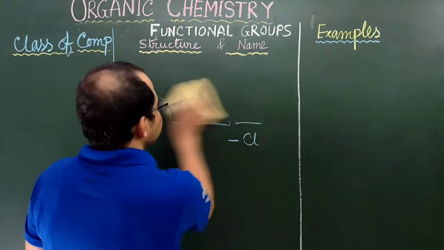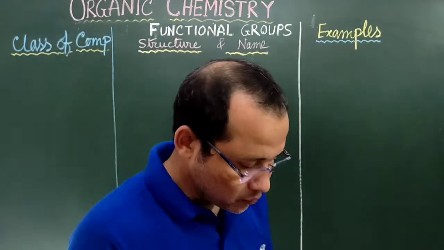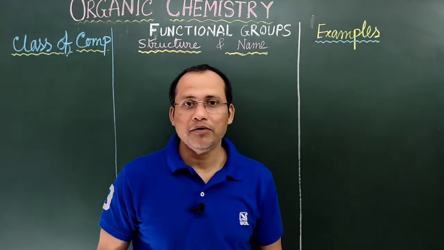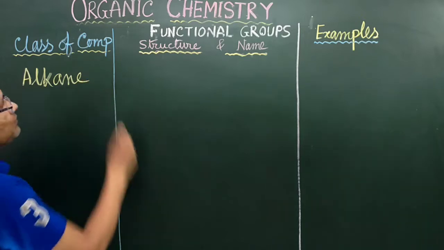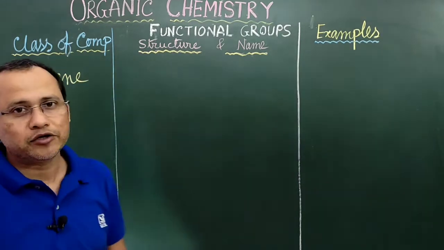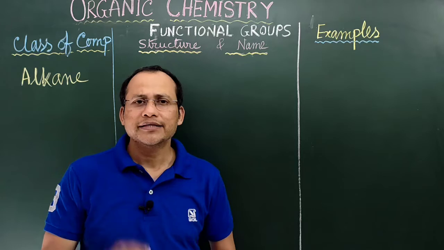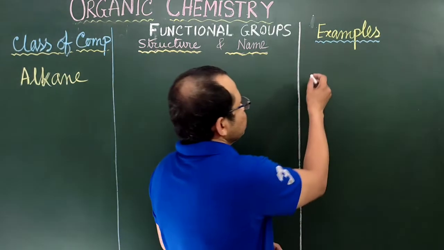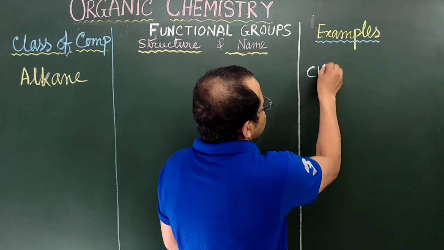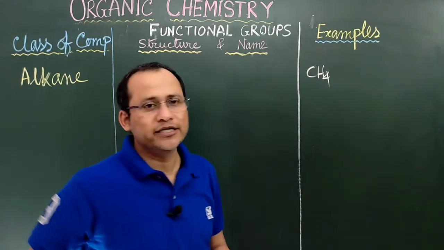First of all, number one, we shall discuss the compound commonly known as alkane. Alkanes are saturated hydrocarbons, and in alkanes there are no specific functional groups. If we consider examples of alkane, the simplest one is CH4.